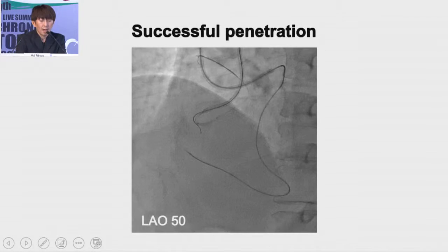Next step, I tried the balloon scoring technique. Balloon scoring technique is dilation at just distal of the CTO entry point like this to avoid wire prolapse. Fortunately, I succeeded to penetrate here.